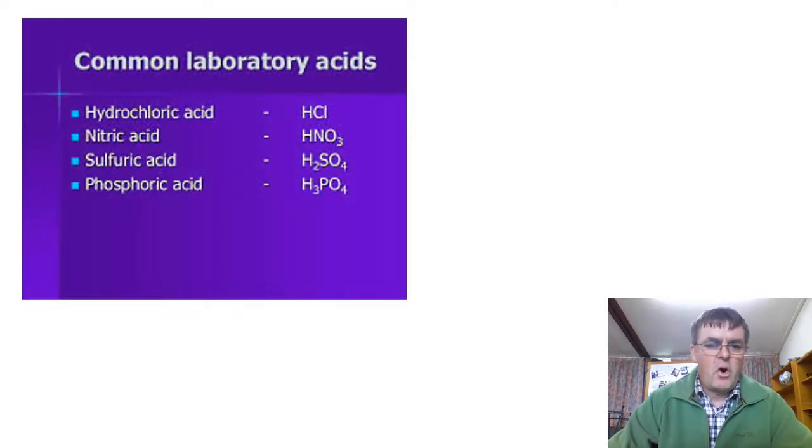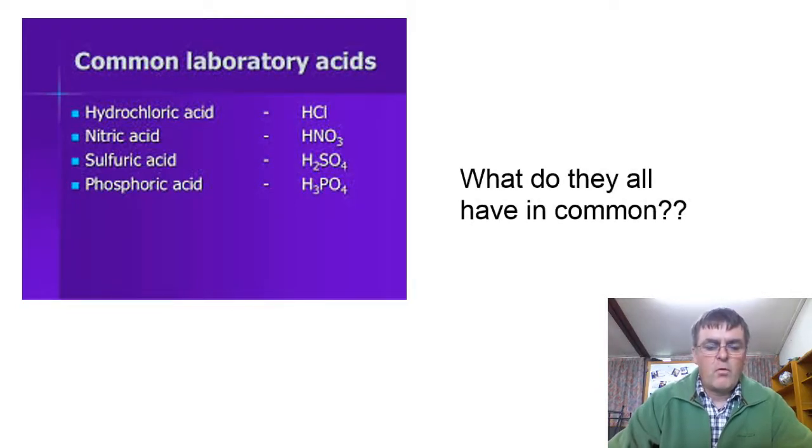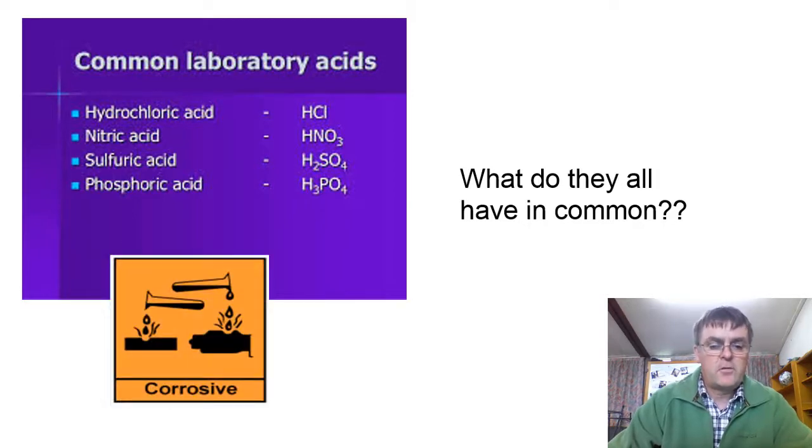Common things you're going to find in your science lab, you're going to find some of these things here. They've all got something in common. See if you can spot what it is. Find them in the lab if you're looking for them. You should find this symbol on them. This is a HAZChem symbol. Corrosive means they are going to eat stuff away, and if you get some of these spilt on your skin, you may feel a stinging sensation, and it's actually eating your skin away.